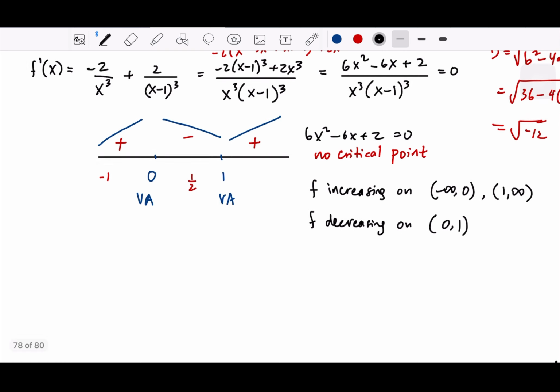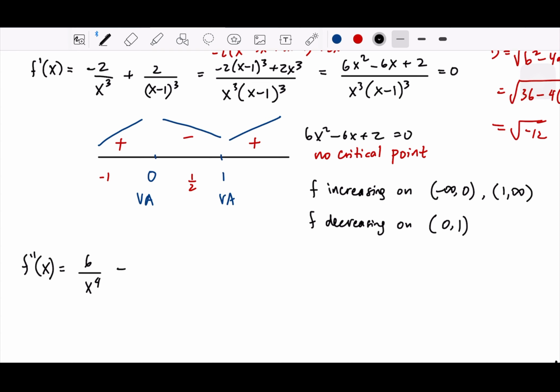Okay, so we take the second derivative, and again, I prefer to derive with the separate equations rather than the full fraction like the one that we showed in the first derivative. So negative 2 over x cubed, we derive, it becomes 6 over x to the power of 4.